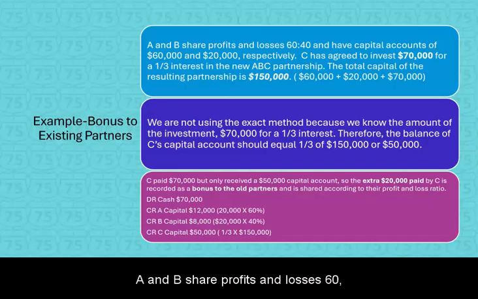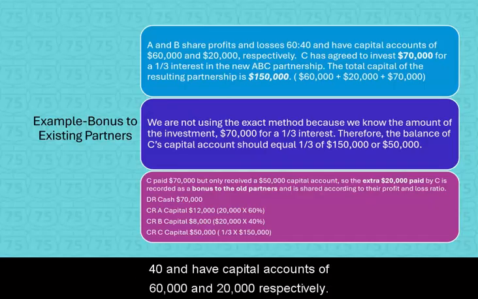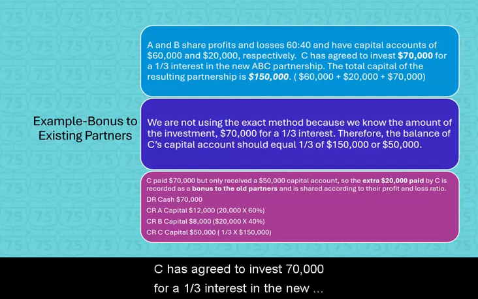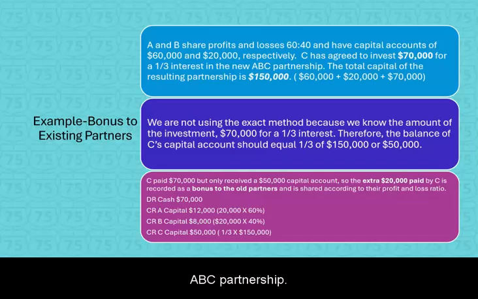A and B share profits and losses 60-40, and have capital accounts of $60,000 and $20,000 respectively. C has agreed to invest $70,000 for a 1/3 interest in the new ABC partnership.